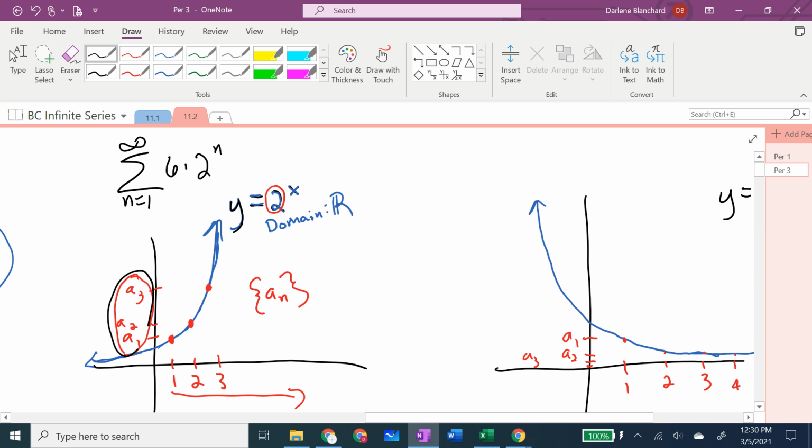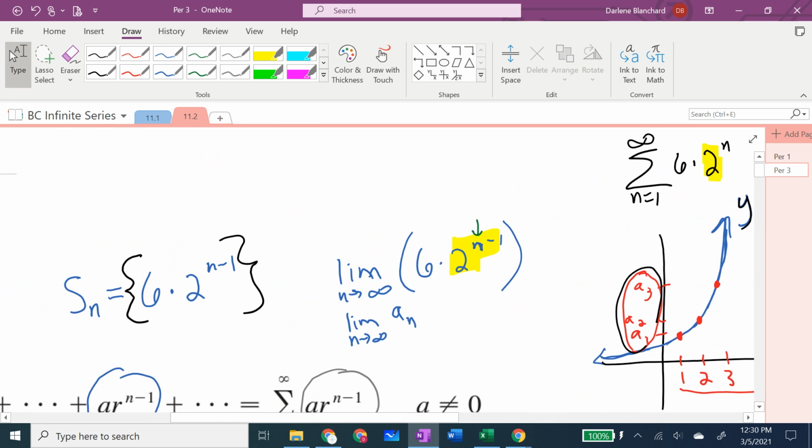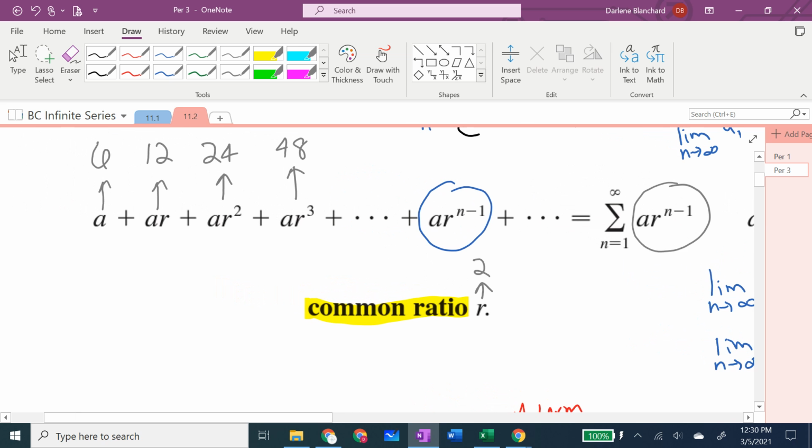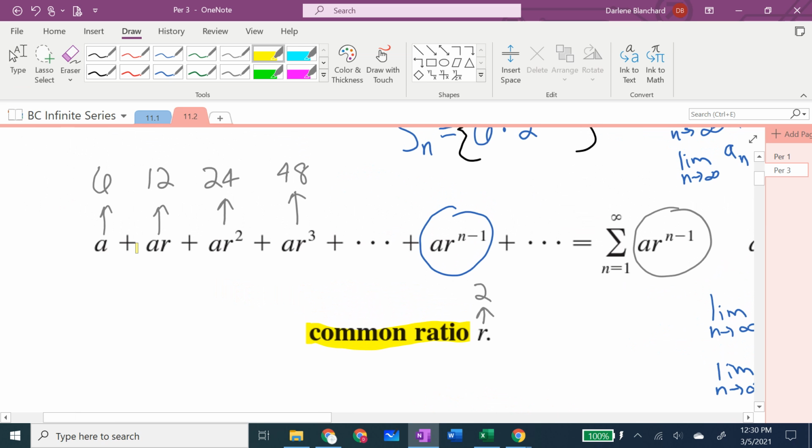And we're going to see in a couple of different ways. But this is one way to look at the issue of the common ratio. The common ratio in a geometric series is the number you multiply by to get to the next term.